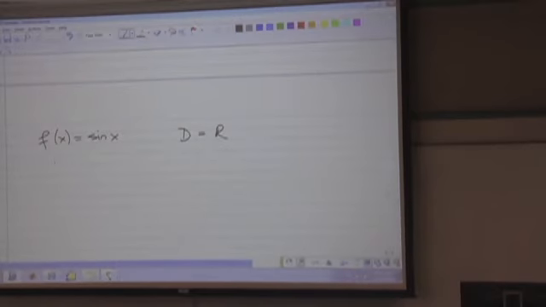What is the graph of sine of x? So, let's see. Pi over 2, pi, 3 pi over 2, 2 pi, and I'll go to minus pi over 2 over here as well.